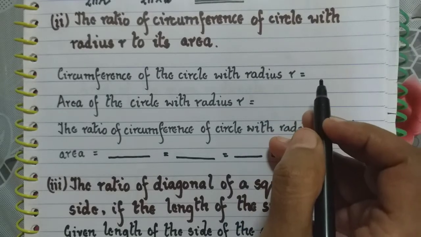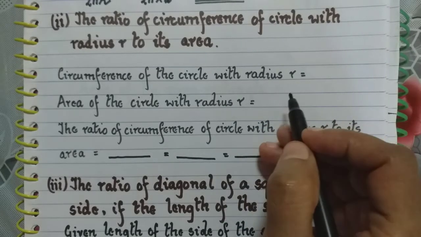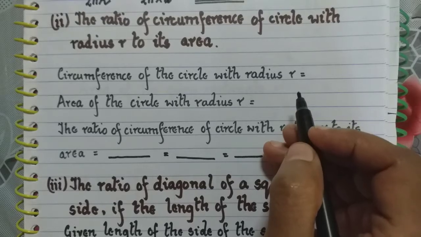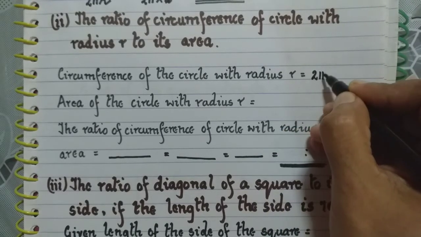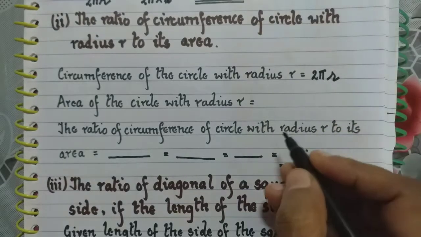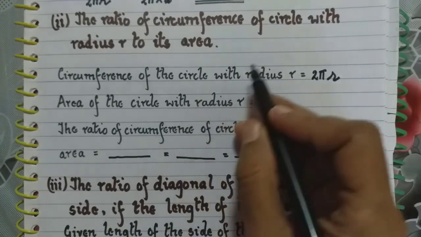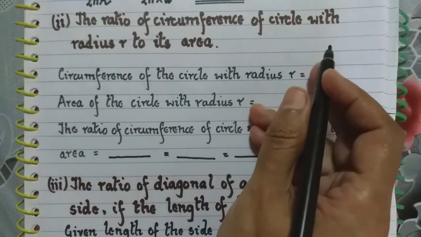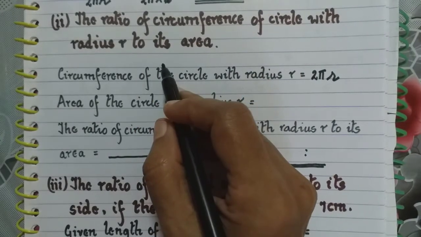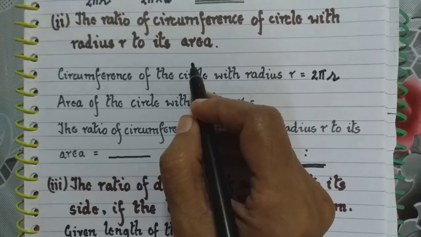Again here we will not take the formula pi d, we will take the formula 2 pi r. And next one is the ratio of the circumference of the circle with the radius r to its area.